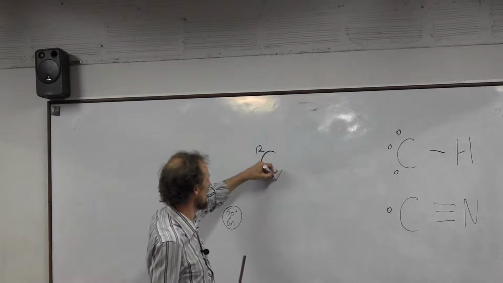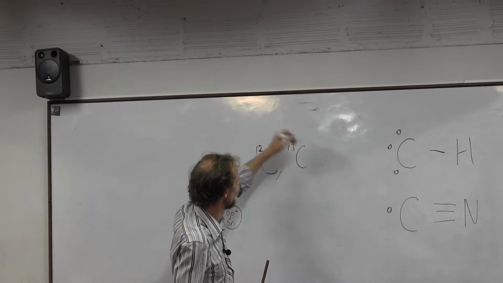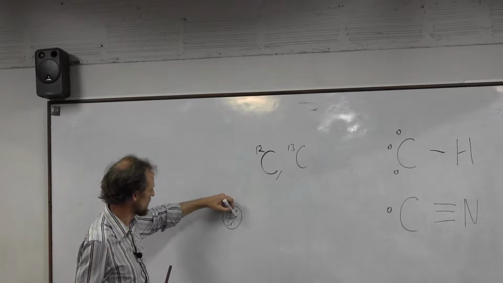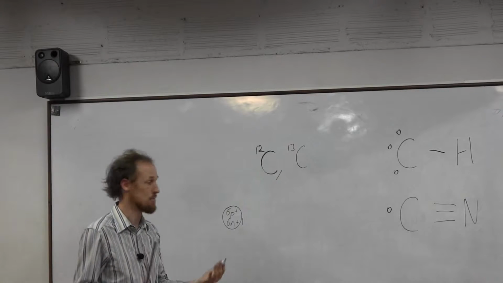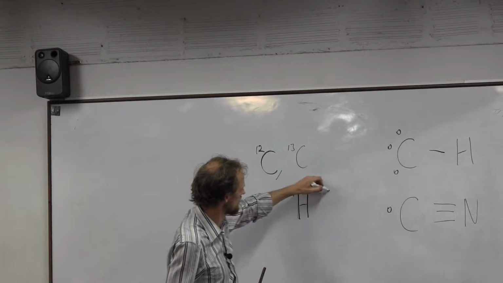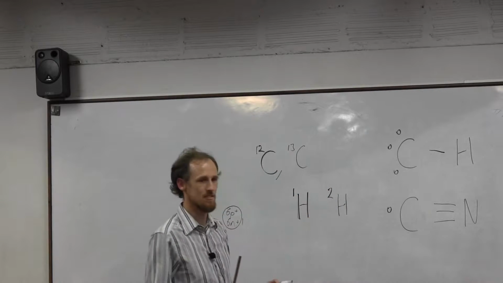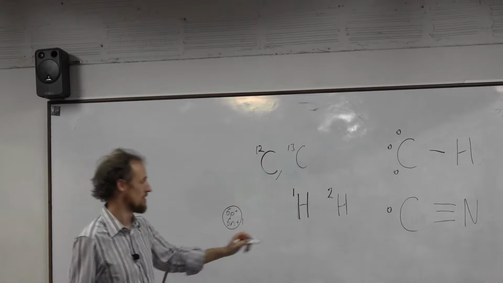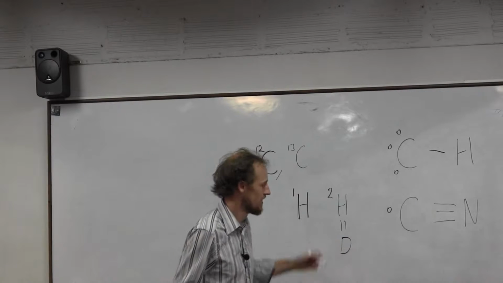The other isotope of carbon is carbon-13, where you have 1 more neutron. So that's the isotopes of carbon. Of hydrogen, you can have hydrogen-1, or hydrogen-2, meaning you add 1 more neutron to hydrogen, or deuterium, just in case you didn't know that.